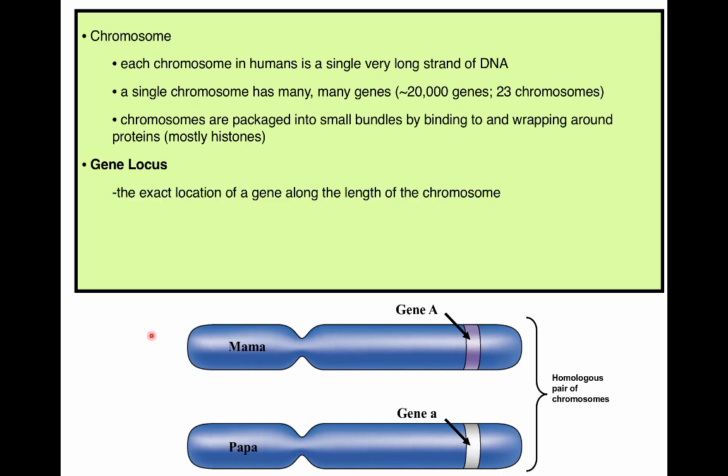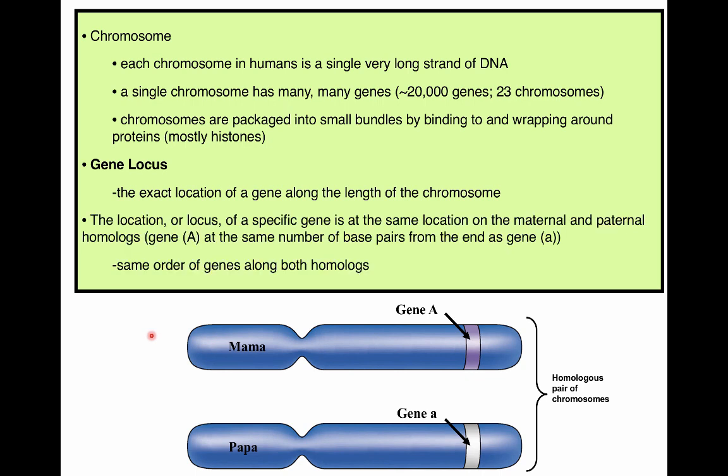The term gene locus refers to where a particular gene is along the length of a chromosome. So the location, or locus, for any gene is the same for the version of that gene on the paternal homolog and the maternal homolog.